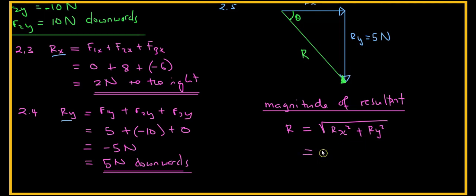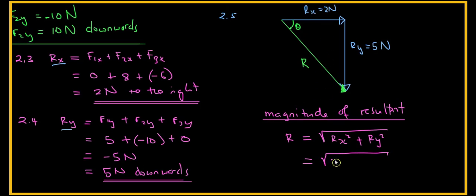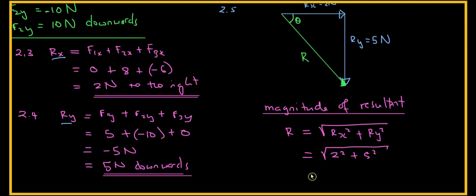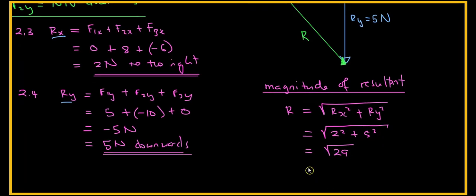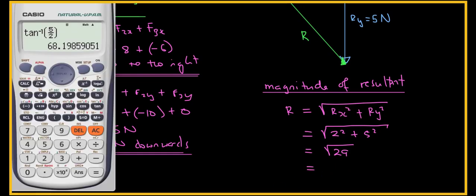That's your Pythagoras theorem. The square root of my Rx is 2, so I'll say 2 squared plus Ry is 5, so I'll say 5 squared. This will be equal to what, 29. So I'll say the square root of 29. That will be 5.39.